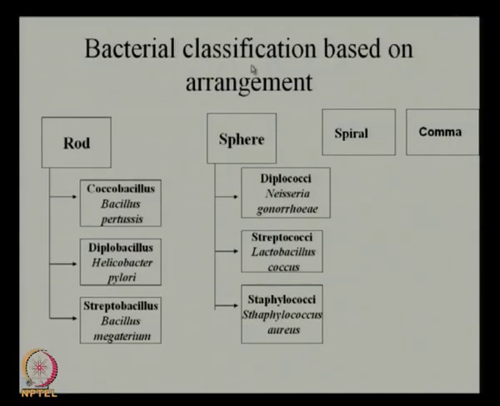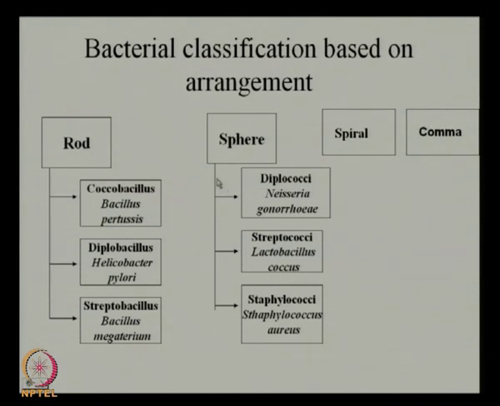Based on bacterial classification by arrangement, the rod shaped bacteria can further be divided into Coccobacillus, Diplobacillus and Streptobacillus. So here, whether one rod, two rods or a group of rods are there, these are the classifications.